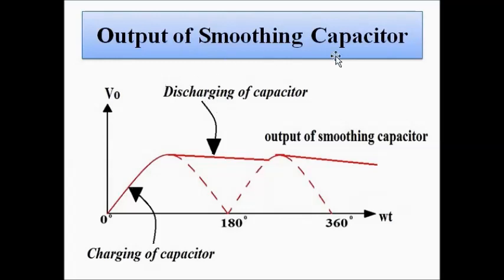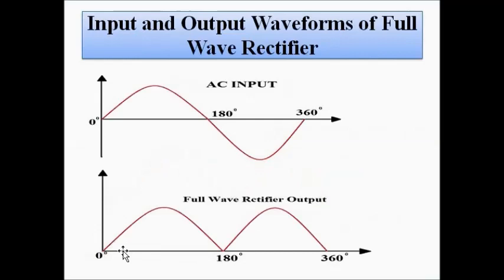This is the output of the smoothing capacitor. As you can see, this is the pulsating DC. Now from here, consider this peak point. From here to this peak is the charging time interval of the capacitor; the capacitor charges itself and there is an increase in the pulsating DC.